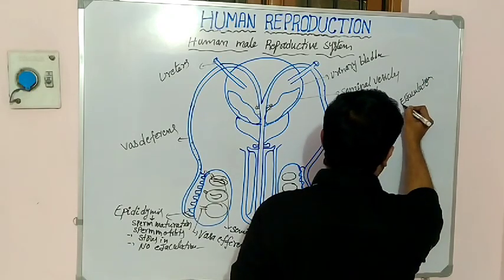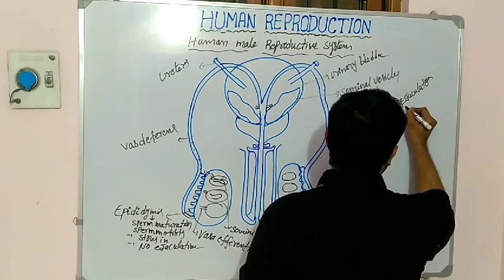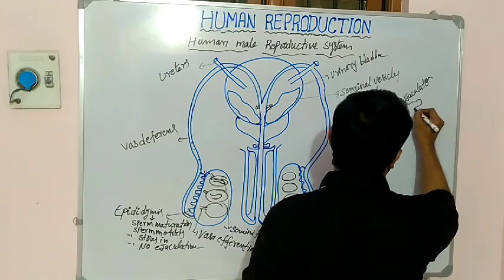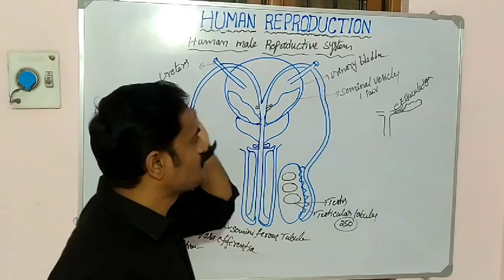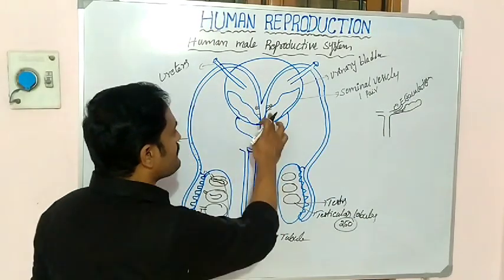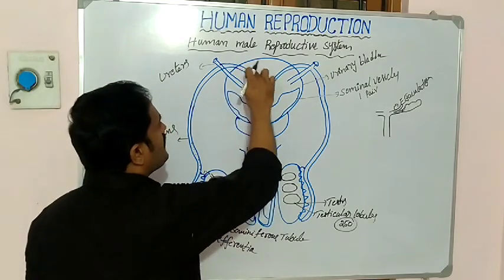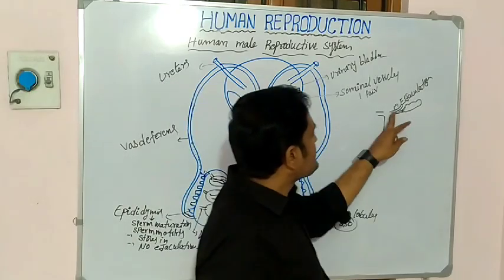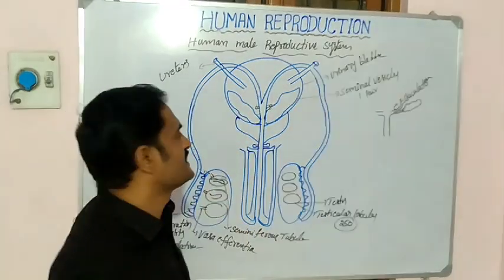So the vas deferens and the seminal vesicles both open into the ejaculatory duct. Remember, the seminal vesicle tube and the vas deferens tube are both inserted into one tube. This tube is called the ejaculatory duct.